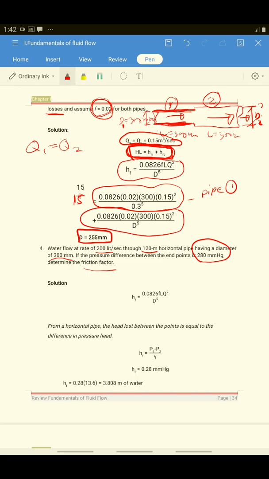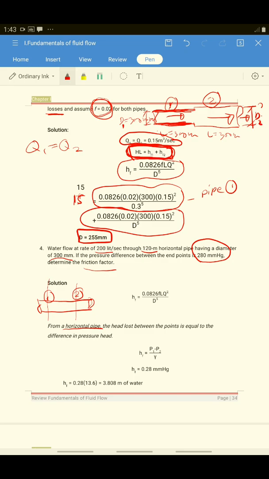It is said that you just have a horizontal pipe. So you have here pipe 1 and pipe 2. For a horizontal pipe, the head loss between the points is equal to the difference in pressure head.